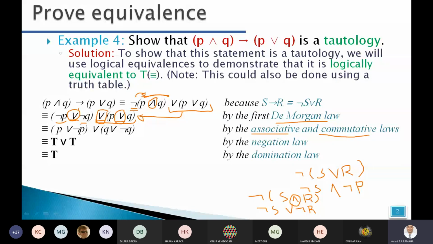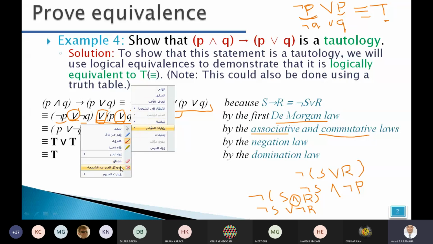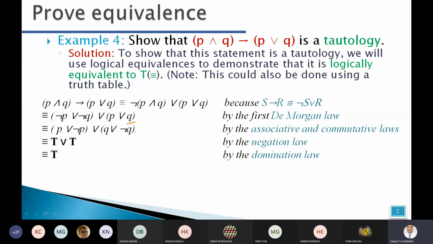If they all have and, you can also do this. Because I have the law that not P or P is always equivalent to true, I need to bring not P with P, and not Q with Q, to reach this true. So I just reorder this part, because all have this or.